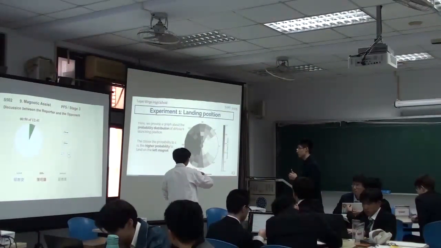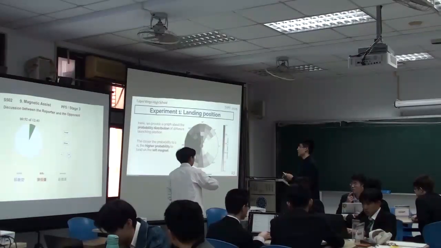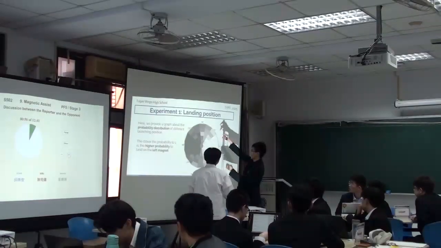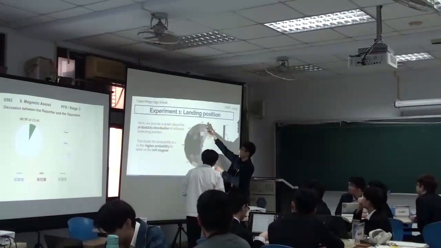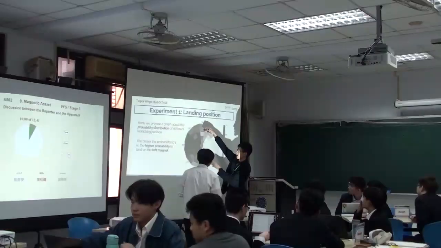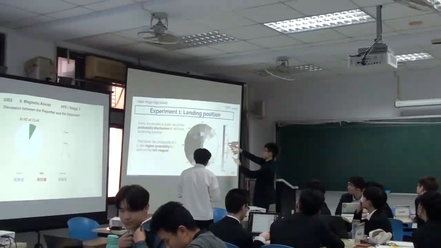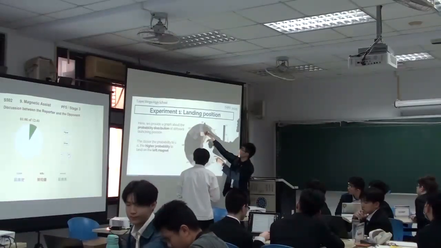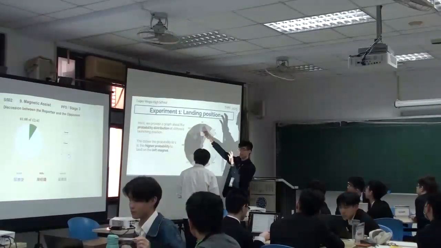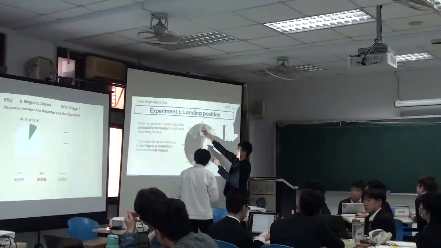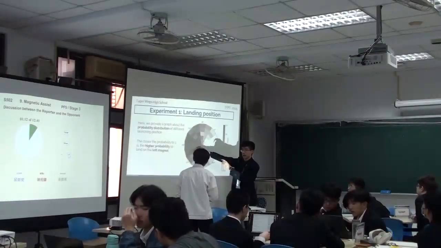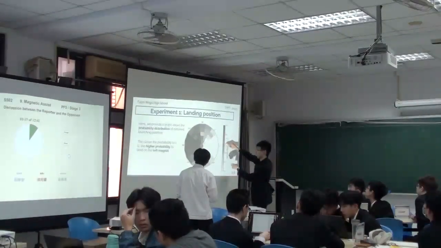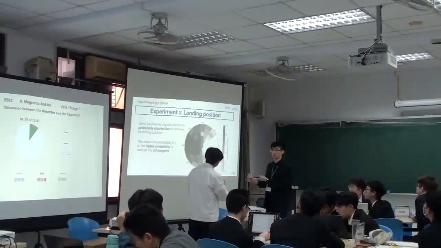Do you mean where I initially released it? For example, in this part, releasing here has 0.6 to go to the left. So in 10 trials, we observe it goes to this part 6 times and here 4 times, so we color this in this color.